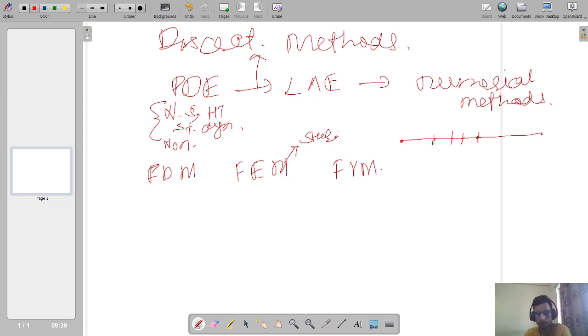And FVM is used in fluid and thermal engineering to solve the Navier-Stokes equation and heat transfer equation. Although any of these methods can be used to solve any numerical problem, like any partial differential equation, they have their advantages and disadvantages respectively.